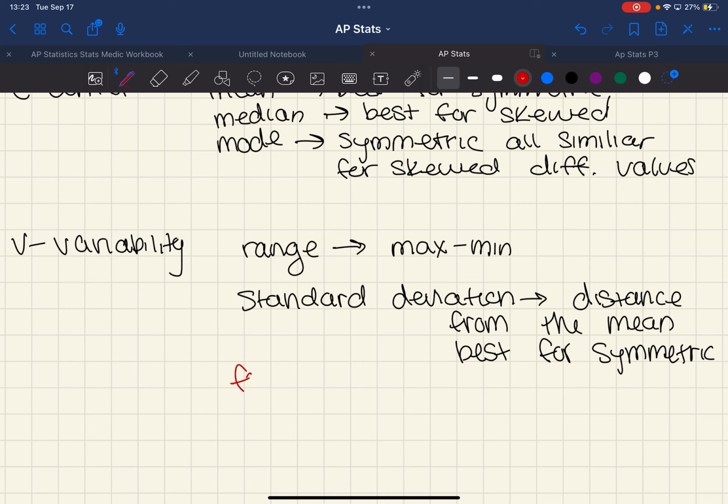The formula to calculate standard deviation is equal to the square root of the summation of xi, so our value, minus x bar, which is our mean, squared, over n minus 1.